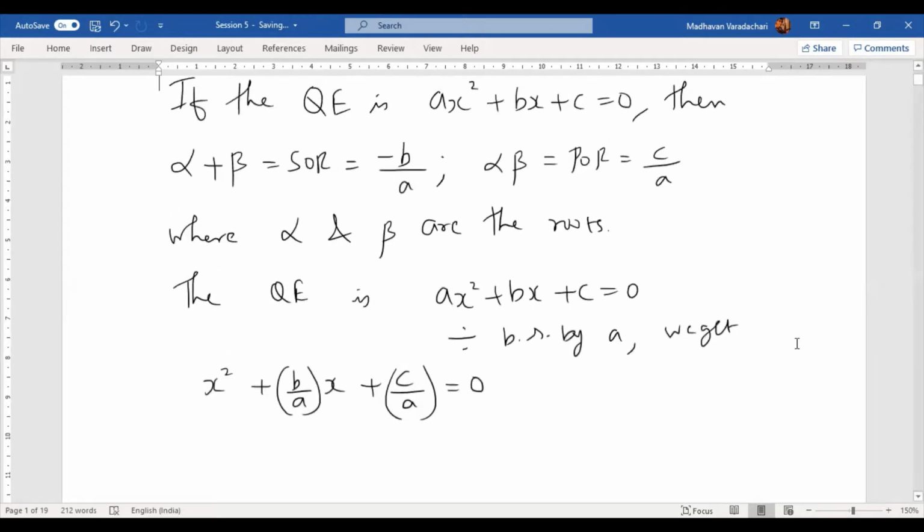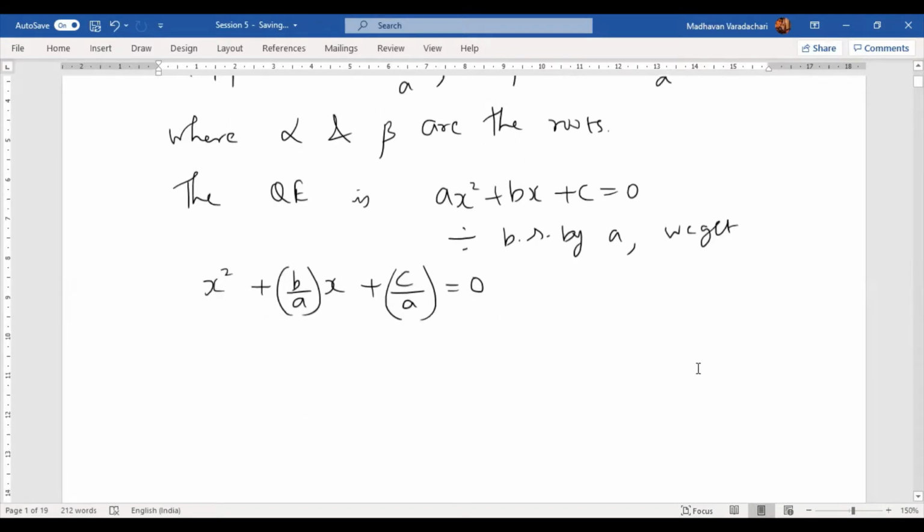Now we already know the sum of the roots is minus b by a, but here it is actually b by a. So I can modify this as x square minus of minus b by a, because minus into minus is plus, times x plus c by a equal to 0.